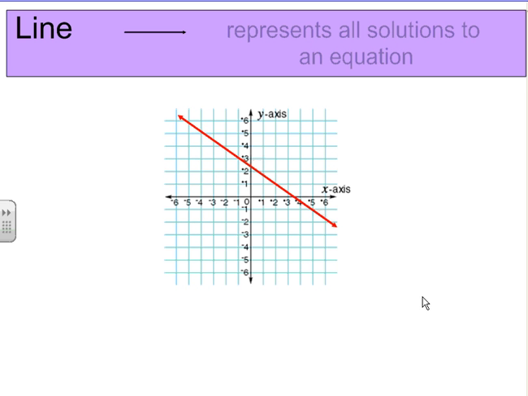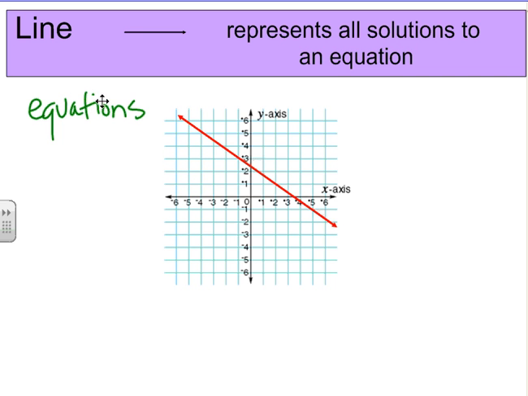Let's remind ourselves that a line represents all the solutions to an equation. It represents all the possible ordered pairs that are involved. Now, because we're dealing with inequalities, we're going to have to add another dimension to it. We're going to have to involve what we call shading.